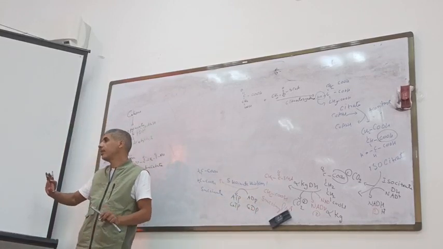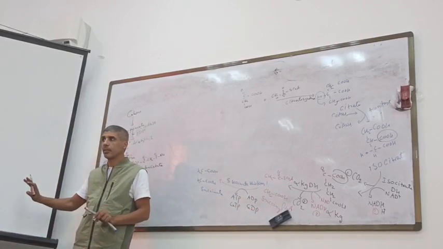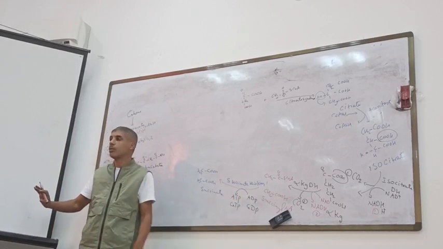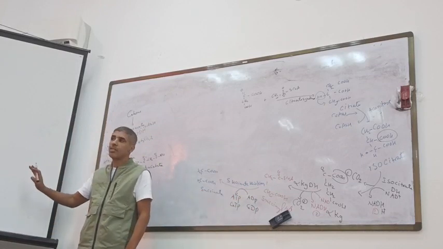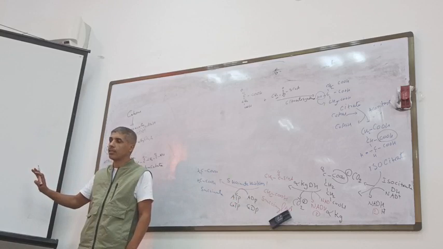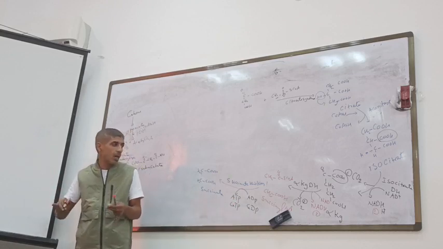So in the organ with active gluconeogenesis, GDP is used; in the organ without active gluconeogenesis, ADP is used and ATP is produced. Why?